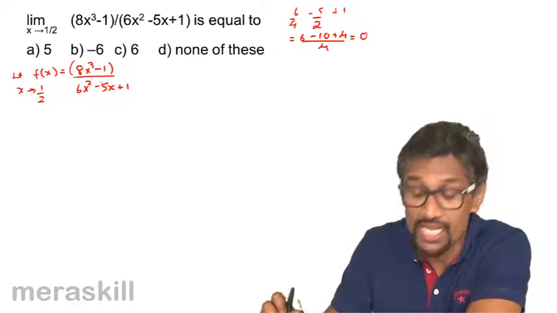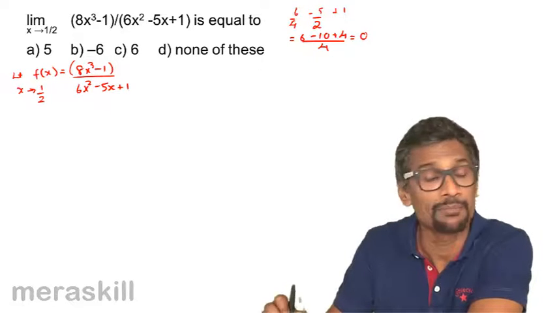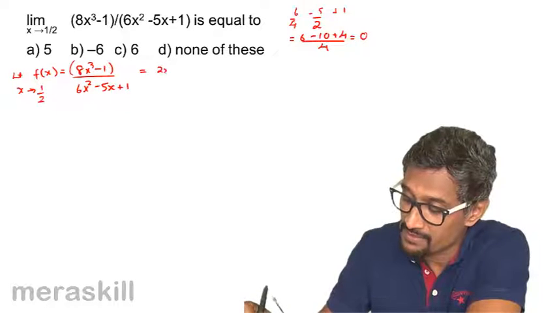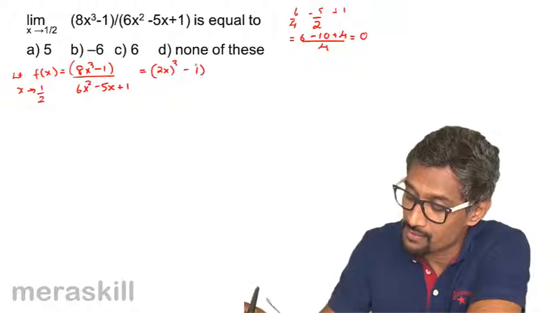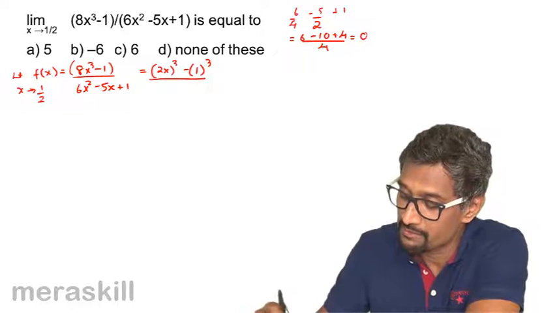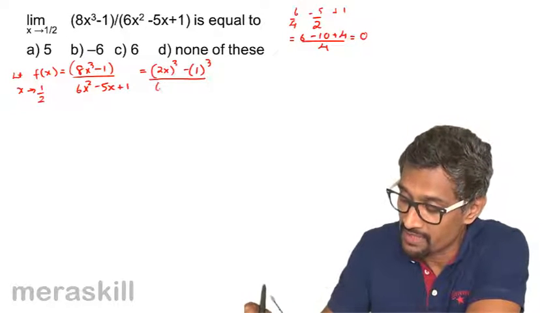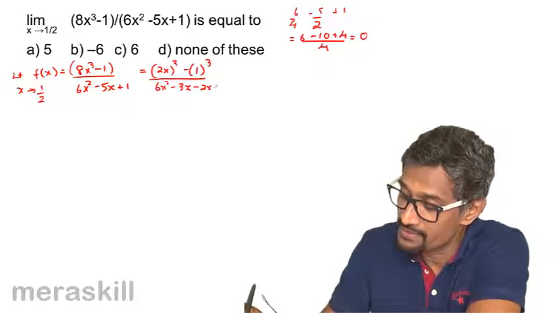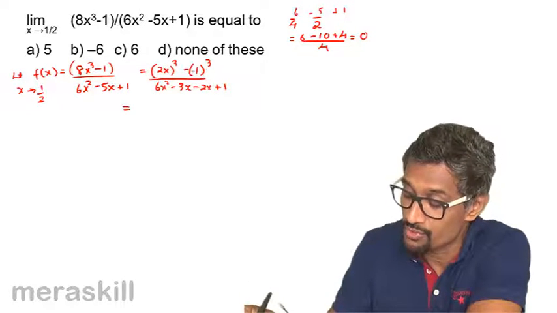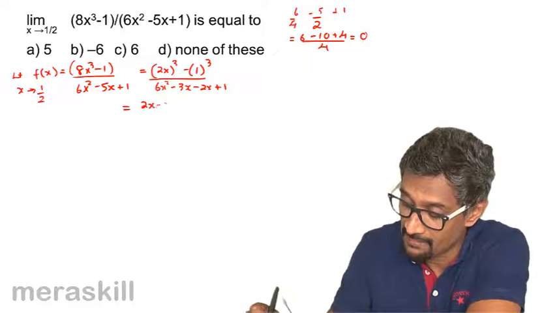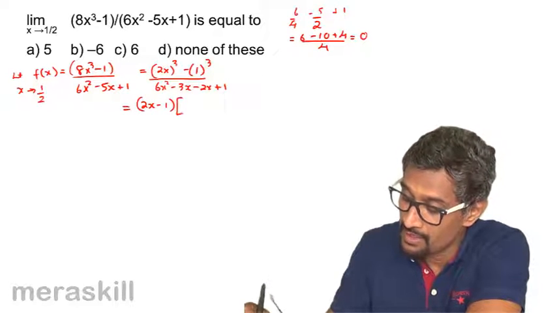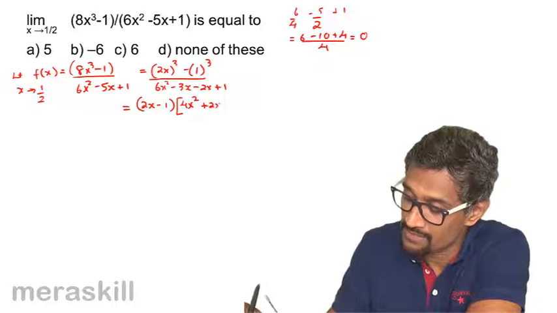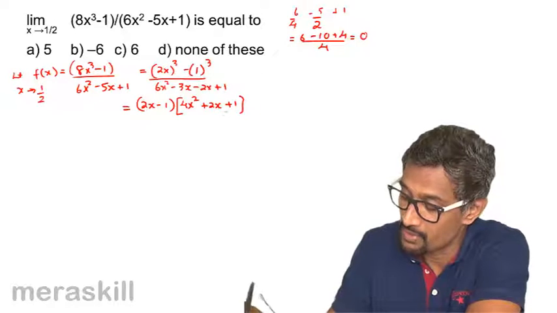We have to first check whether we can simplify this. So of course we can simplify this. We can write the numerator as (2x) the whole cube minus 1 cube, and the denominator can be written as 6 into 1, 6. So we factorize: 6x squared minus 3x minus 2x plus 1. Using the a cube minus b cube formula, the numerator will turn out to be a minus b, that is 2x minus 1, into a squared, that is 4x squared, plus ab, that is 2x, plus b squared, that is 1.